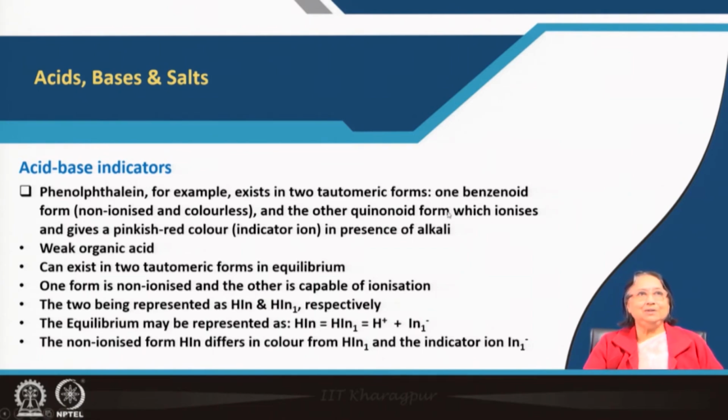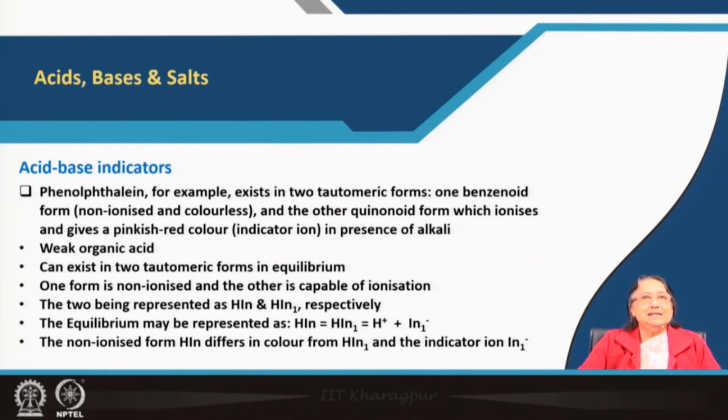Now, I am starting with the indicator phenolphthalein. Before knowing this, we must see the structure, and we must know what a tautomer is. Okay, tautomer. We know isomer. Isomer means two different molecules, if they have different structures, then they are isomers.